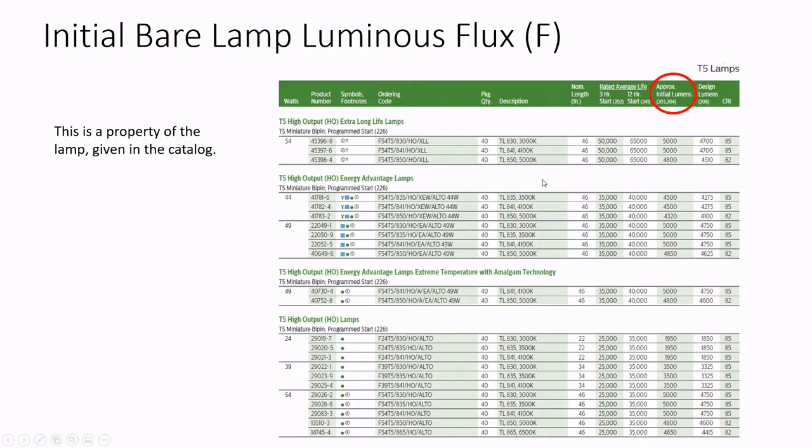Here you can see initial bare lamp luminous flux values given for Philips T5 lamps. T5 lamps are fluorescent lamps. In the catalog they have mentioned the approximate initial lumens. When you are doing your calculations, you have to refer to the catalog, find this value and use it in the equation.